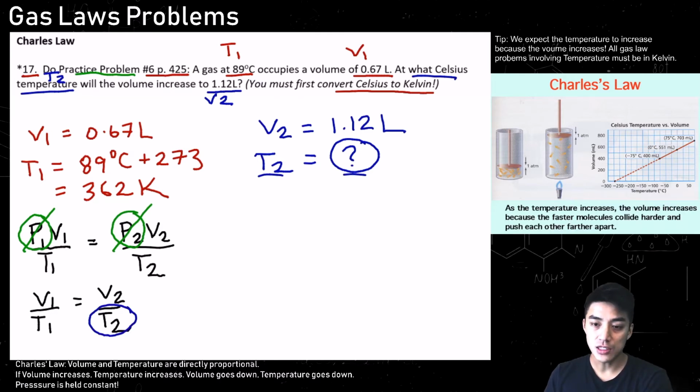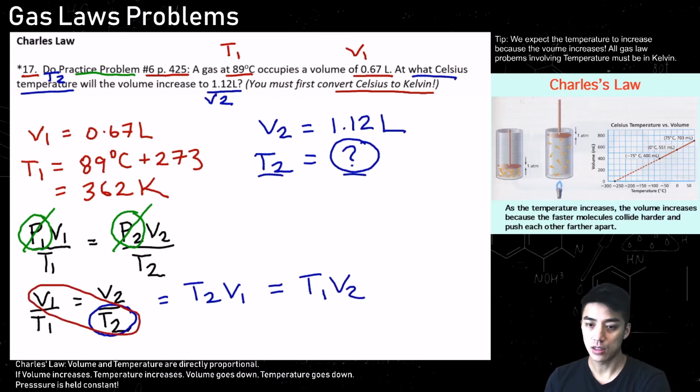Now we're going to solve for T2. So we're going to cross multiply and then do a little bit of algebra to find out what T2 is. So let's go ahead and cross multiply these variables. So T2 V1 is equal to T1 V2. So that's what I did right there.